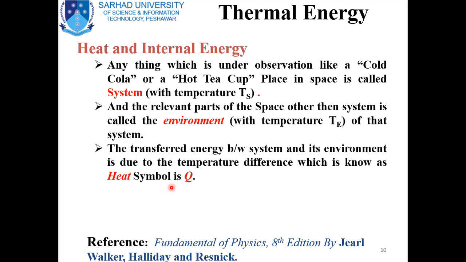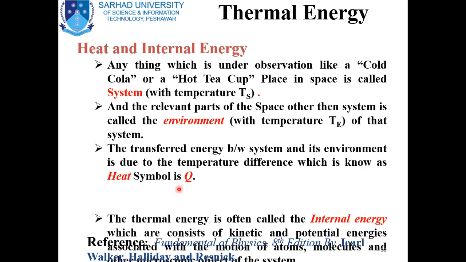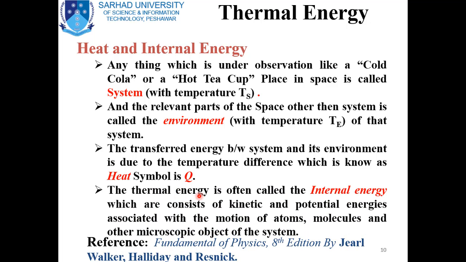The symbol for heat is taken as Q. The thermal energy is often called the internal energy, which consists of kinetic and potential energy associated with the motion of the atoms, molecules, and other microscopic objects of the system.